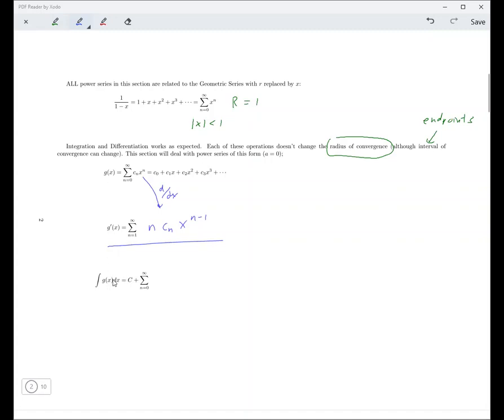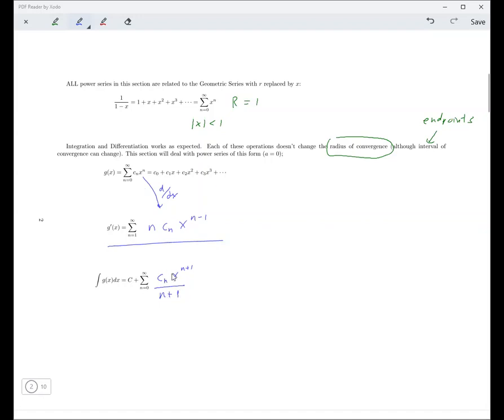The integral, pretty much the same thing. Take the integral of each term. You get that. So the integral of x to the n is x to the n plus 1 all over n plus 1. So that is the integral right there.